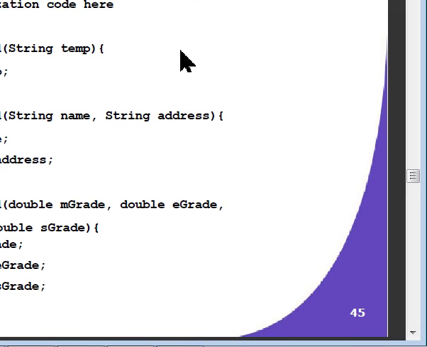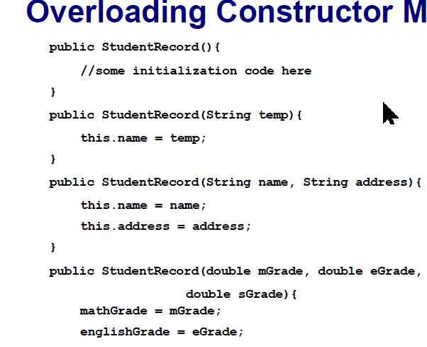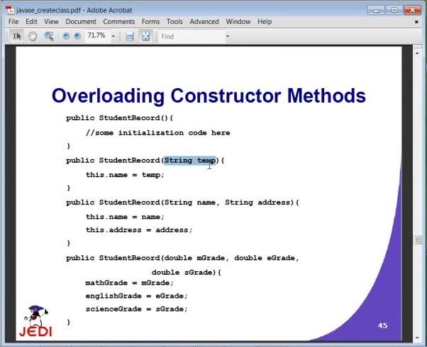These are constructor methods, and because they are methods, they can be overloaded. In this case we have defined 4 different constructor methods. The first one is a default constructor method, here we are receiving a single parameter, here 2 parameters, and here 3 parameters, and of course you can have different sets of parameters and different types.